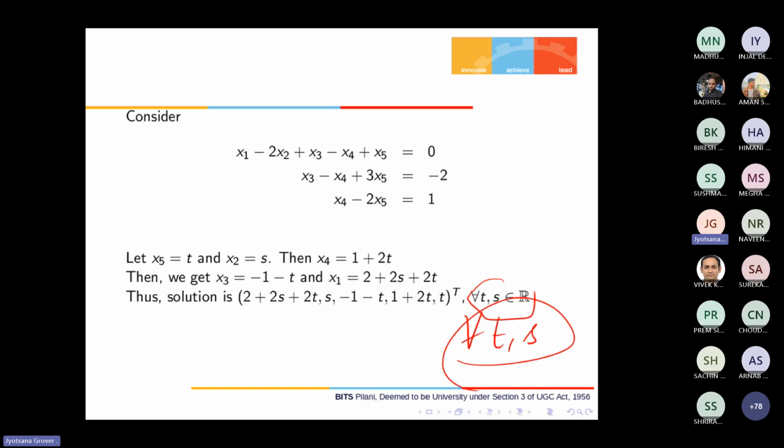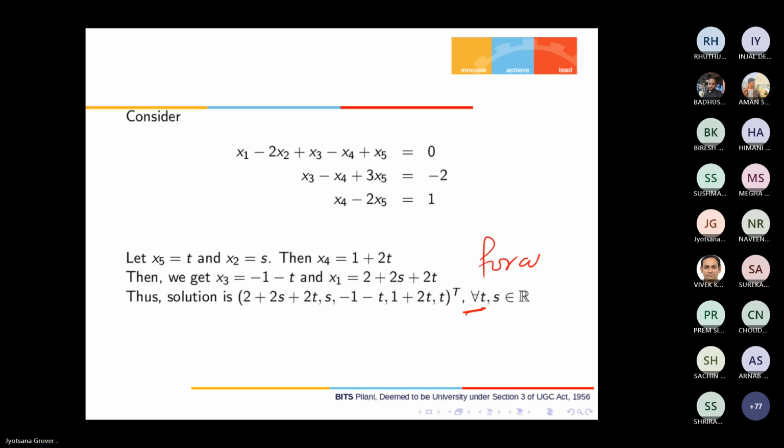This is valid for all values of t and s, as long as they are real numbers. So t and s can take any value. This is for all t, s in R. Because if t and s can take any real number, that's why you are saying there are infinite solutions.